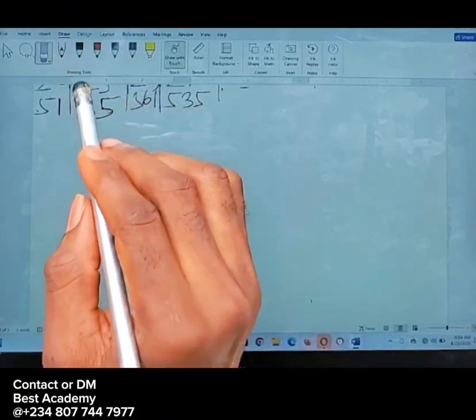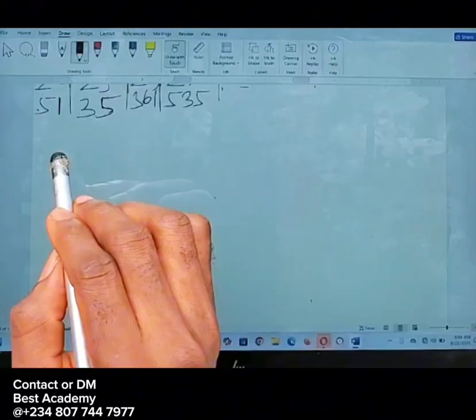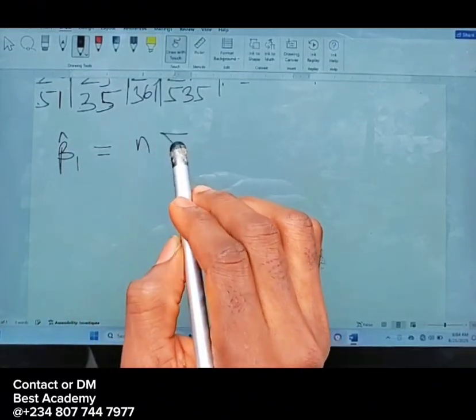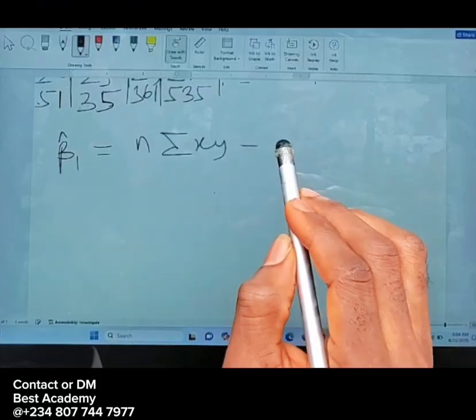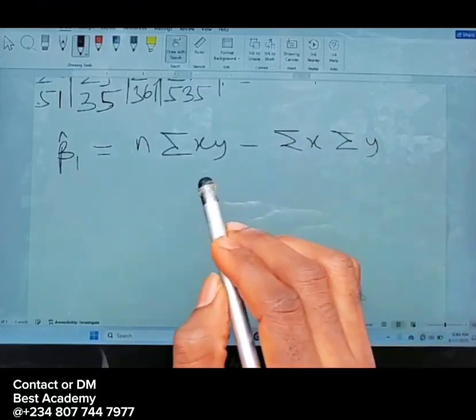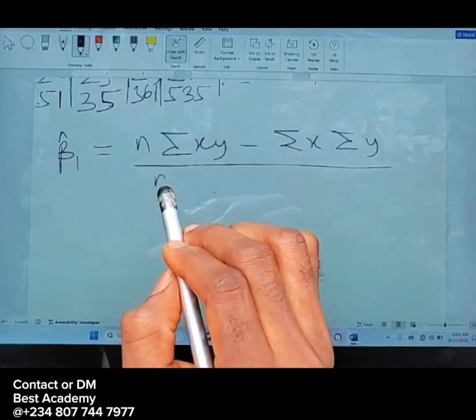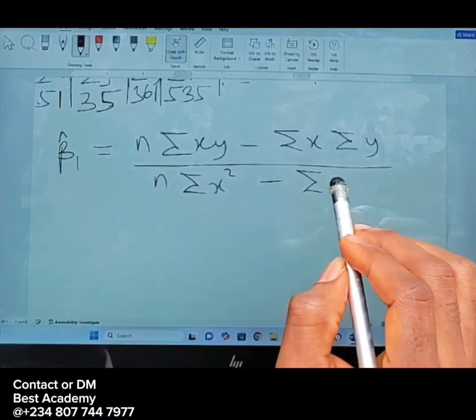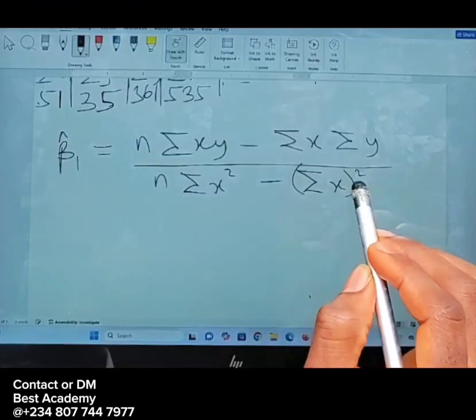The formula for beta 1 hat is n sum of sy minus sum of s sum of y over n sum of s square minus sum of s all square.